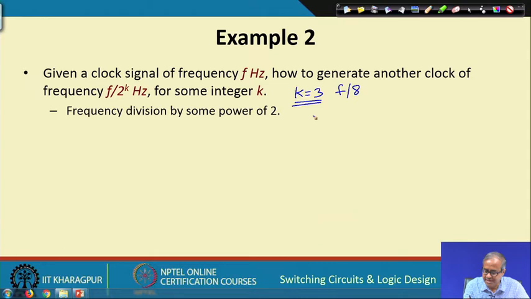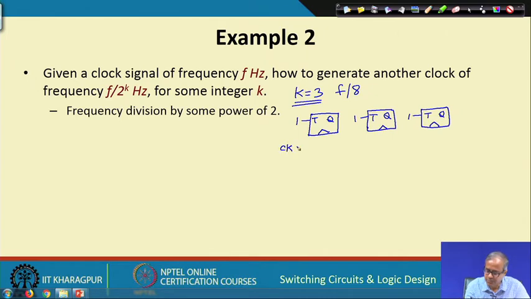So, the required circuit here will be very simple. Again we are using T flip flops, but not 1, but k number of T flip flops. It means 3 T flip flops. All the T inputs I am setting to 1, just like before, and these are the clock inputs.